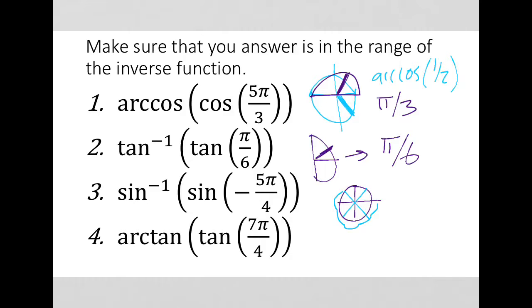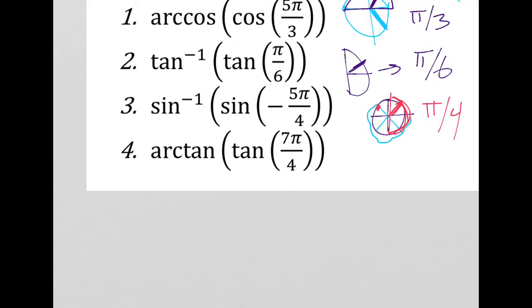Negative 5 puts us right there, which is not in the range of the inverse sine function, but we're looking at that value, which is a sine value of a positive, what is that, pi over 4? So positive root 2 over 2, which means on our restricted domain and range, we end up right there at pi over 4. Last one, arctan of 7 pi over 4.